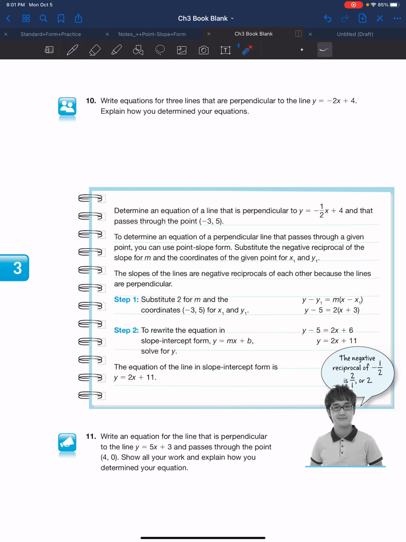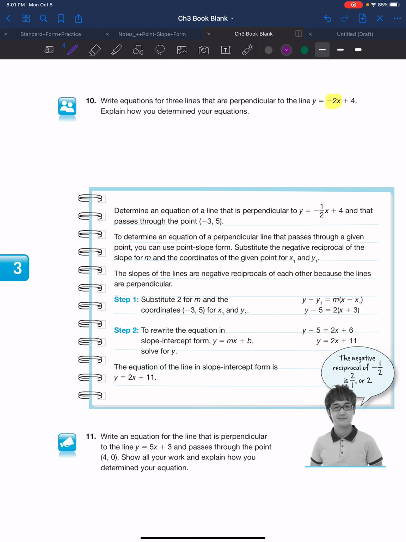We are first asked to write 3 equations of lines that are perpendicular to the line y equals negative 2x plus 4. So my slope of this line is negative 2. And I know with perpendicular lines, that's when I have to do the fancy stuff.